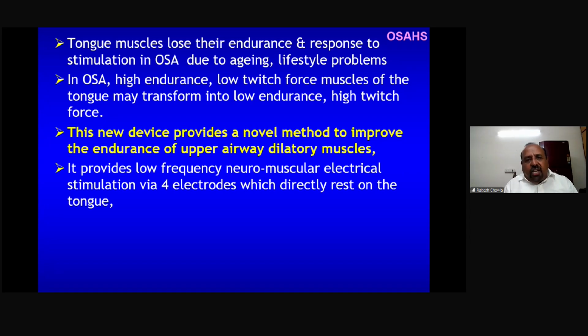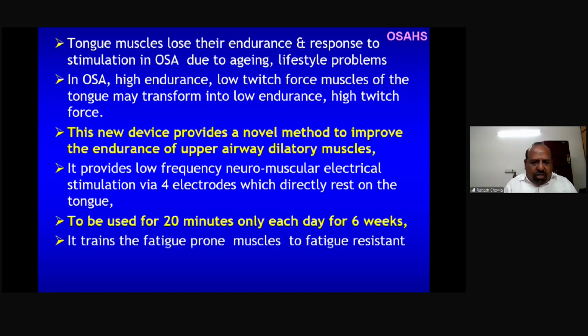This device will increase the endurance, and a method so that the upper airway dilatory muscles will be working finally, and the tongue will be moving forward, increasing the air space posteriorly.